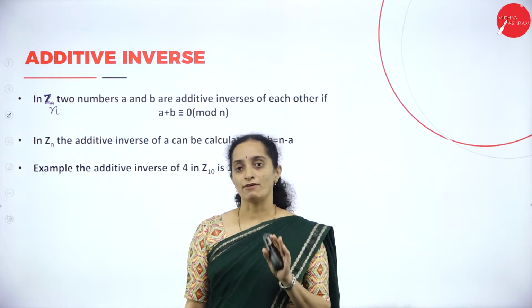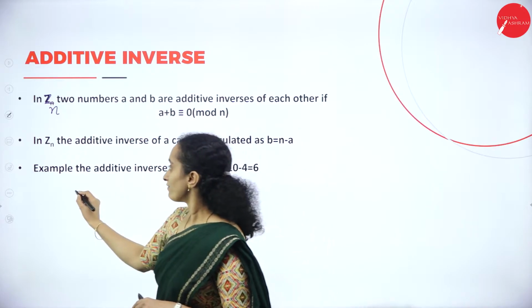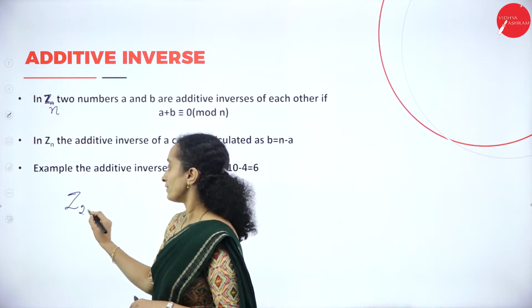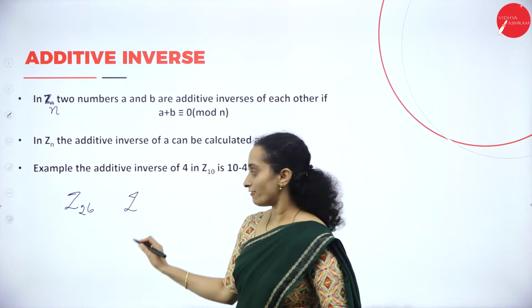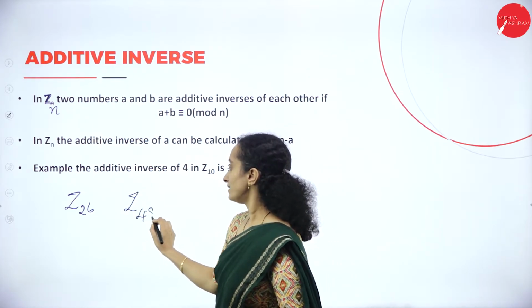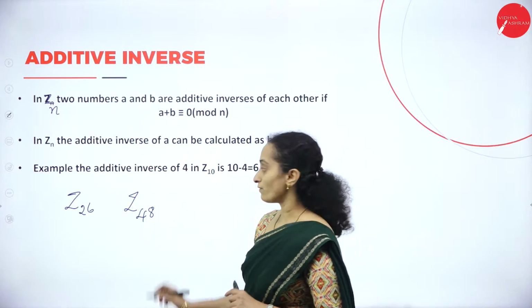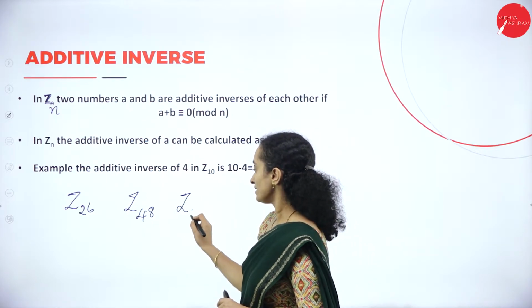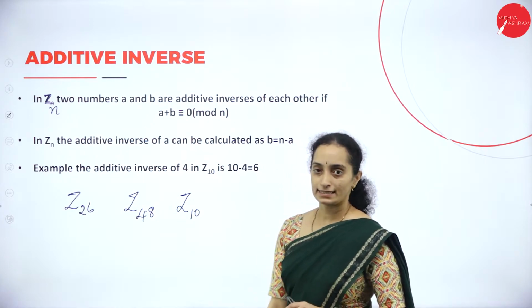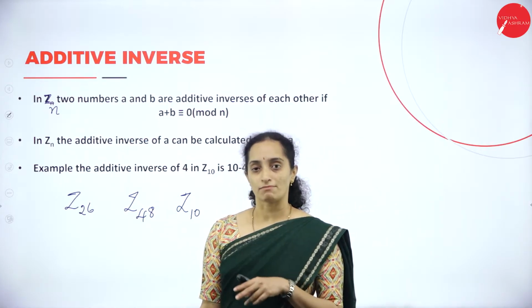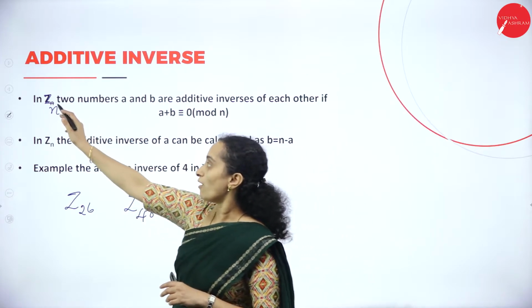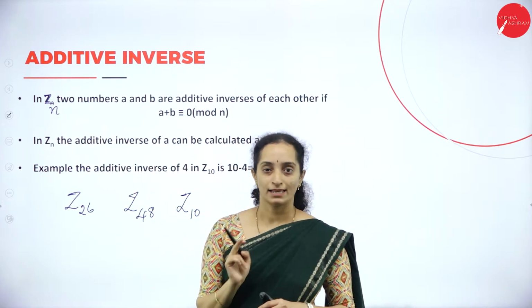Like if you have 26 letters, it will become Z26. If you have 48 alphabets, it will become Z48. If you have only 10 alphabets, then it will be Z10. How many characters you use in a message will form Z to the base N.